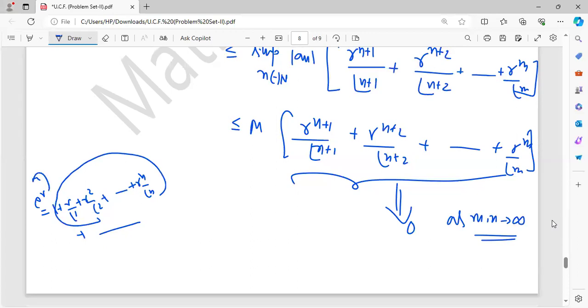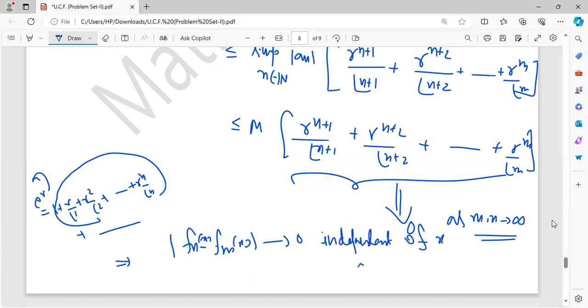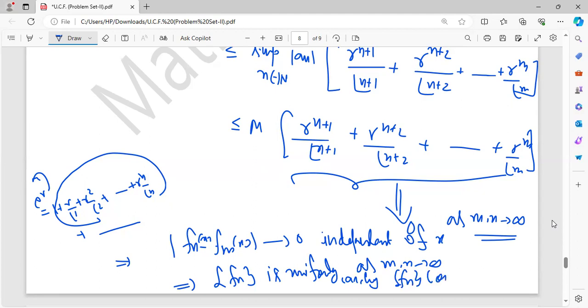So when m and n tend to infinity, this will tend to 0. It means Fn(x) minus Fm(x) tends to 0, independent of x, as m and n tend to infinity. It means Fn is uniformly Cauchy. It means Fn converges uniformly, because every uniformly Cauchy sequence is uniformly convergent.